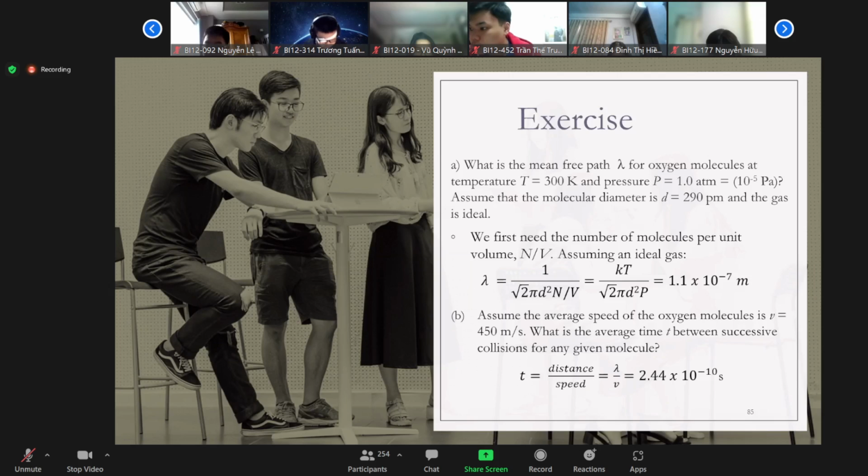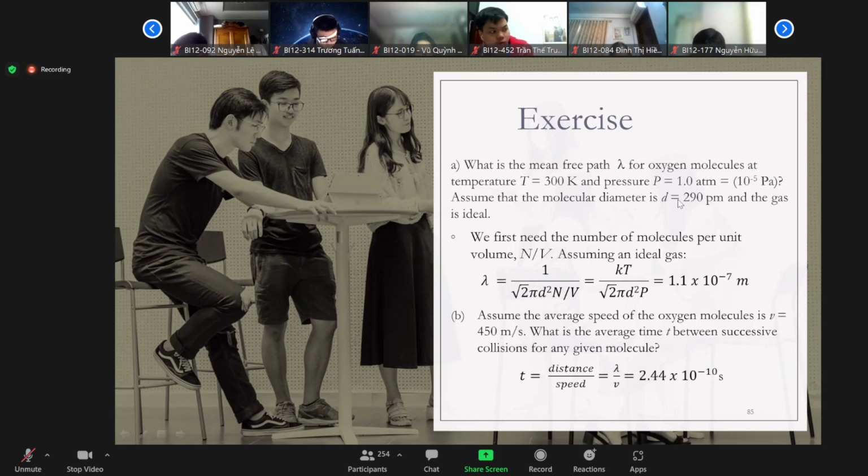We consider the pressure of one atmosphere. We assume that the oxygen gas is an ideal gas having a molecular diameter of 290 picometers. Then what is the mean free path? We can apply this formula.